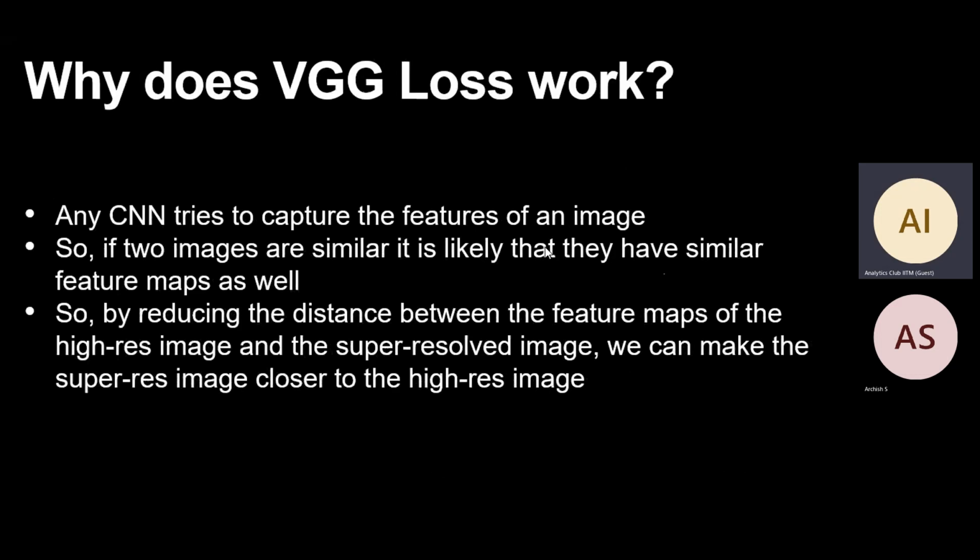So the thing is, what does a CNN capture in an image? The CNN basically tries to capture the features of an image. If you took an example of identifying a face with a CNN, your layers might initially identify features like edges, curves, small shapes, and stuff like that.